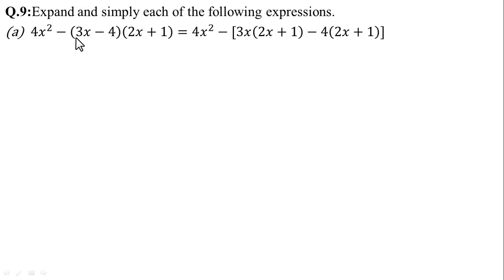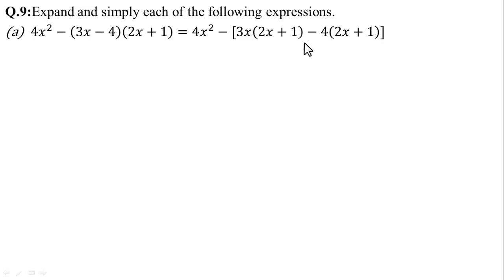First of all, we multiply both terms, so we can write 4x square minus [3x multiplied by (2x plus 1) minus 4 into (2x plus 1)].